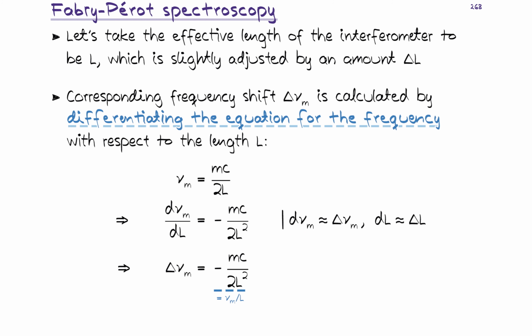And this is essentially the nu m divided by L times delta L. So now we just see how a small change in the effective length, delta L, results in a small change in the respective frequency, the resonance frequency. And this can be written differently also, that this would be of the form nu m times the relative change in length of my effective length L here.